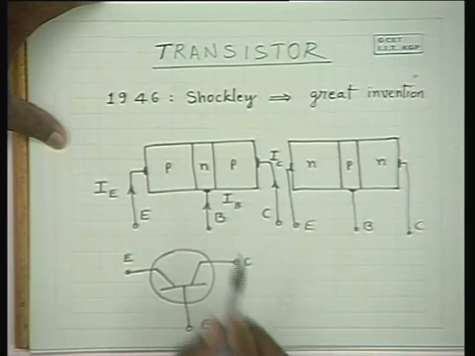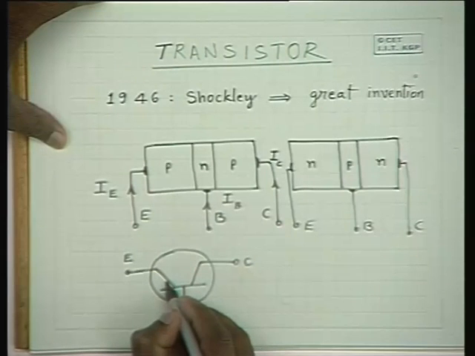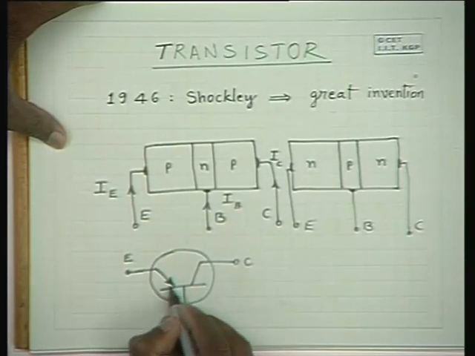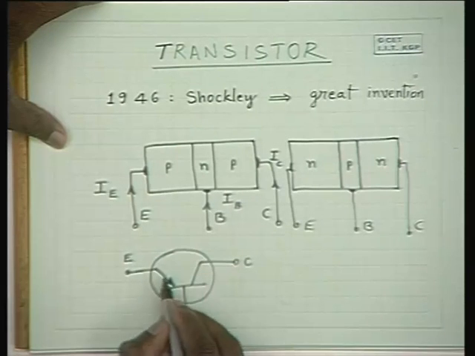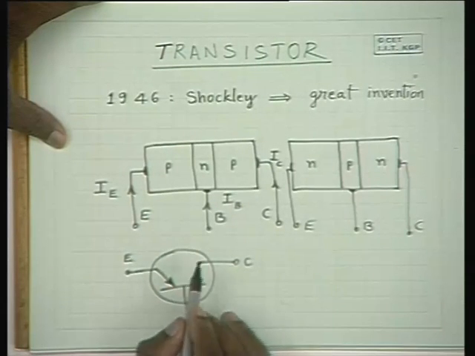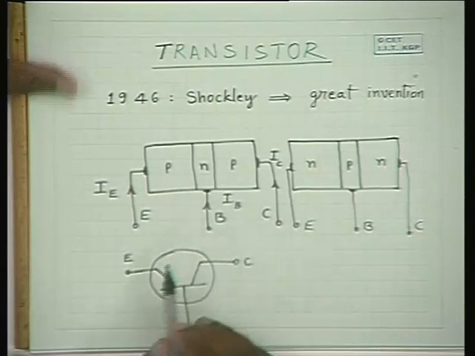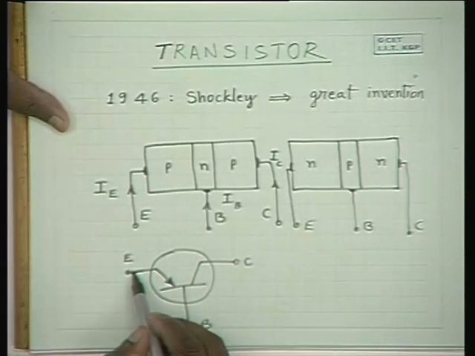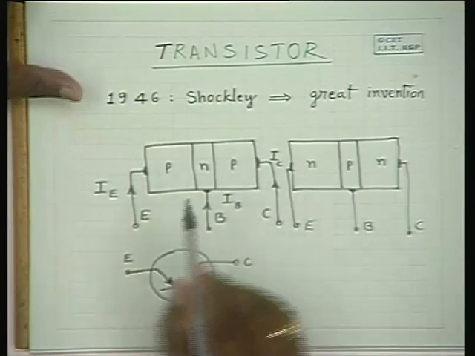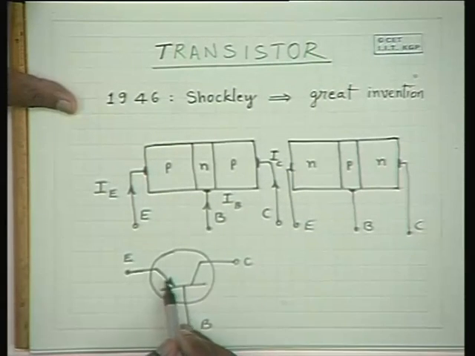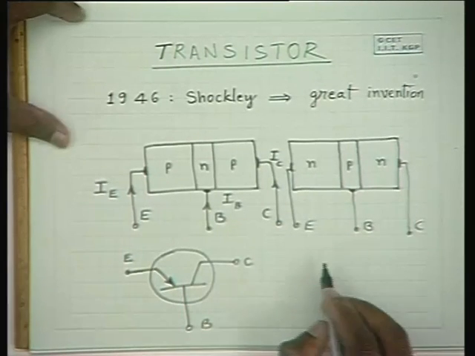And to indicate that this is a PNP transistor, an arrow is used here. So an inside going arrow indicates the direction of the current at the emitter, that is inside. In a PNP transistor the current goes inside, IE is positive. So therefore the current direction is indicated here in this direction.